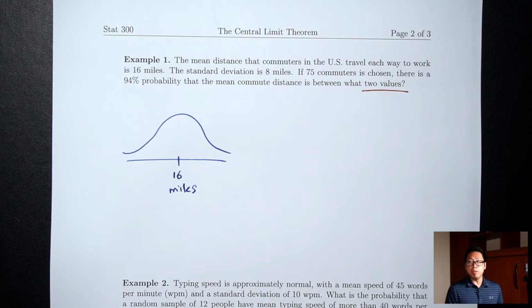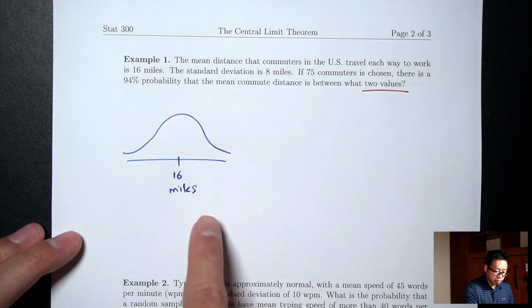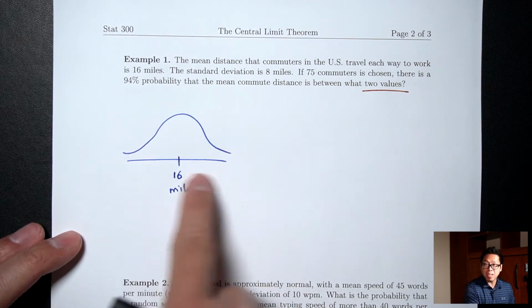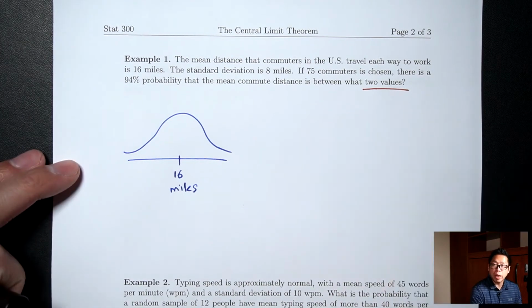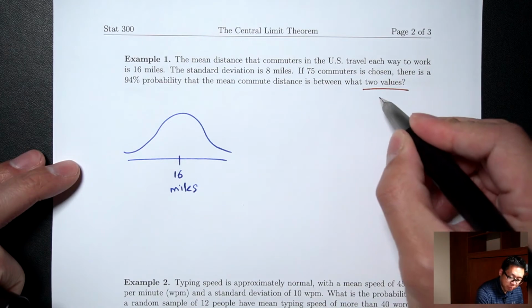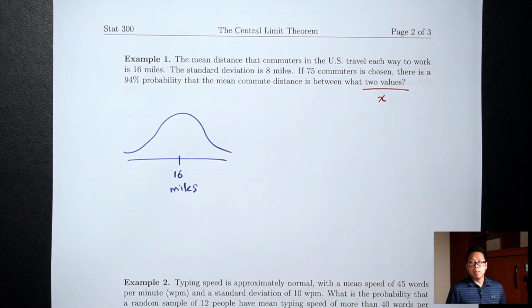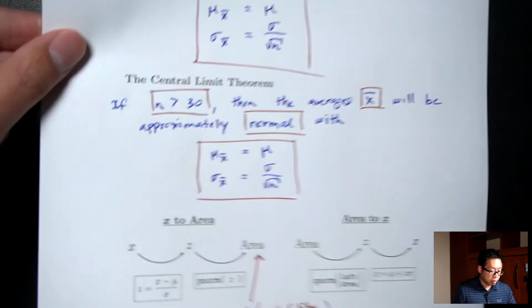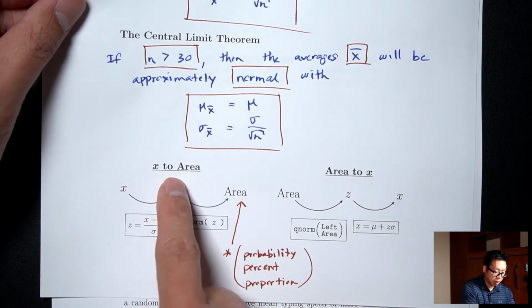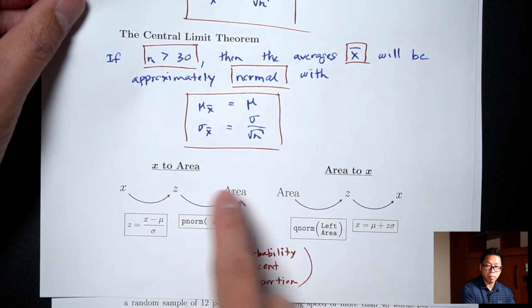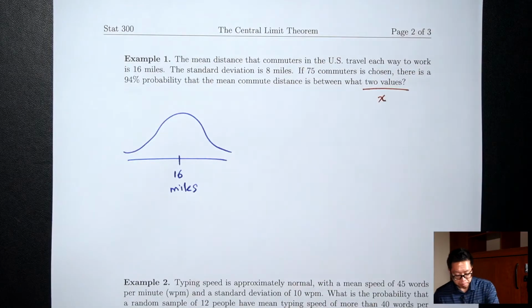I'm looking for 2 commute distances at the end of the question. Commute distance, distance is miles, miles are x's. So I'm looking for 2 x's at the end of the problem. Which means this should be the one that ends with an x. So x to area or area to x. Area to x.